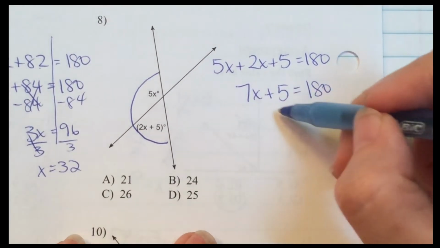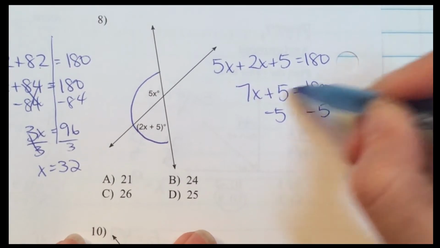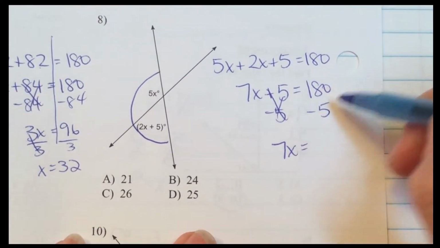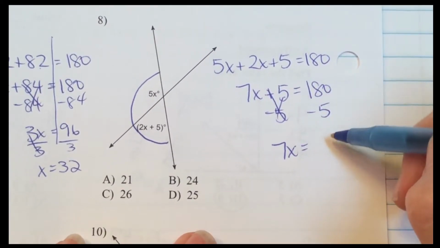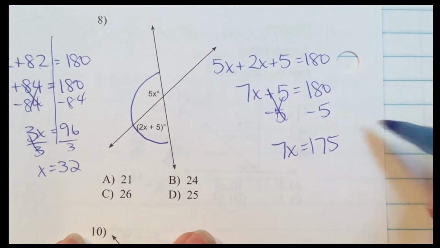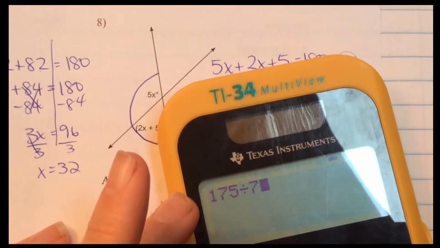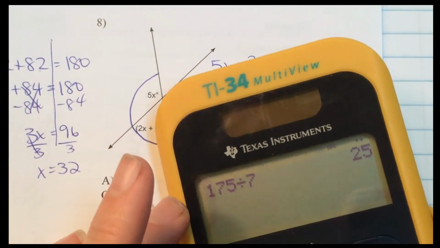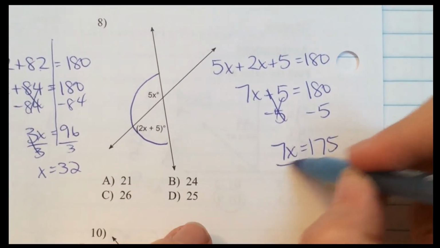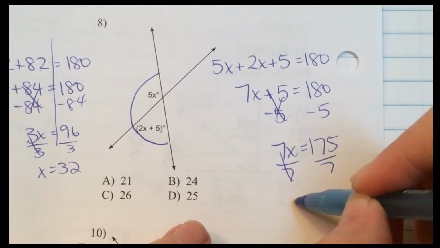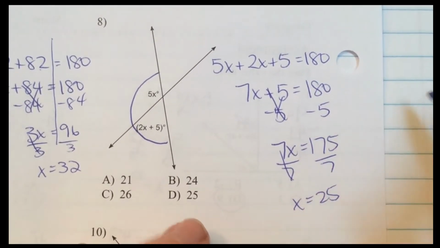Then I subtract 5. And 5 away from 180 is 175. And I don't know what 175 divided by 7 is. 25. Makes sense. If I have 7 quarters, I'd have $1.75.